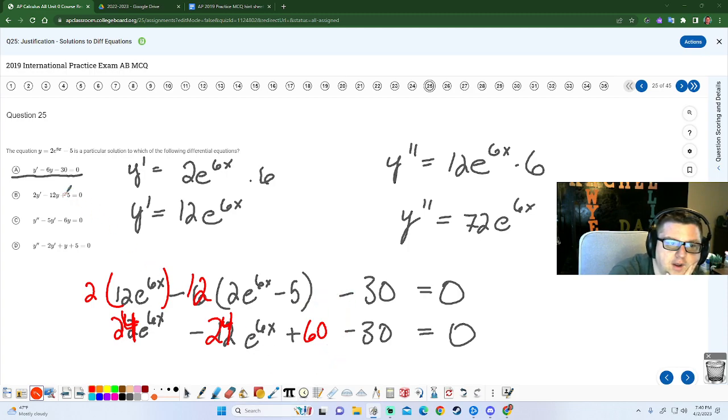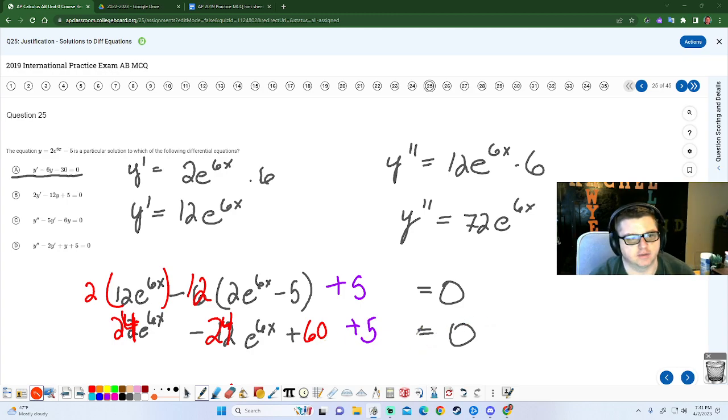And then our final piece is only a plus 5. So this changes to just a plus 5, and 60 plus 5 does not give us 0. So that's the game we start to play.